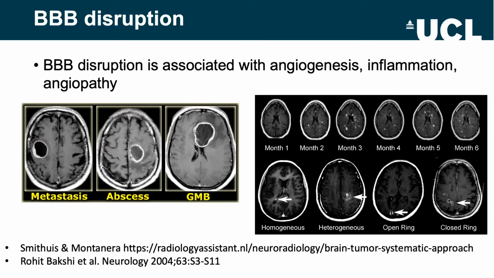The presence of inflammation, for example in multiple sclerosis, which is the example shown on the right, can also lead to a breakdown in the blood-brain barrier, and essentially anything that's wrong with the blood vessels themselves, so angiopathy, such as may be found, for example, in Alzheimer's, can also lead to dysfunction of the blood-brain barrier. So it's very widespread, implicated in a number of different conditions, and therefore being able to monitor the breakdown in the blood-brain barrier is potentially useful for quite a wide range of diseases.